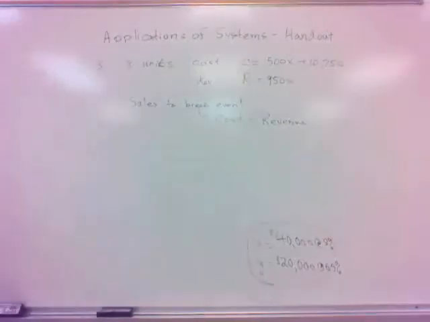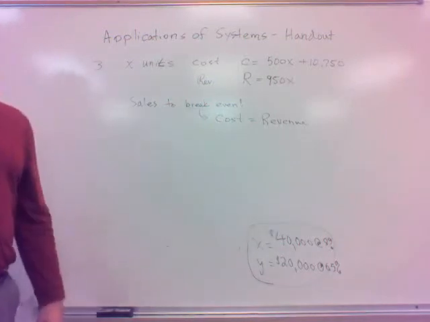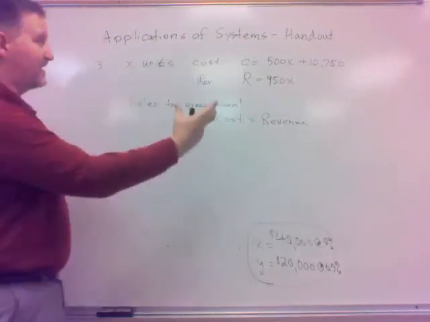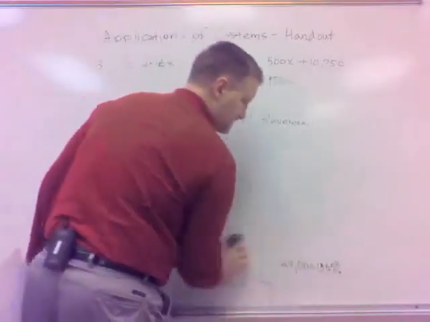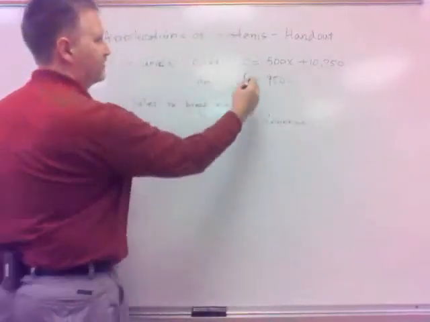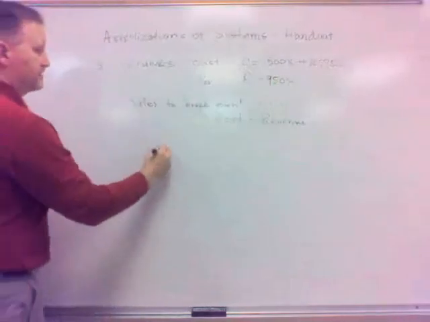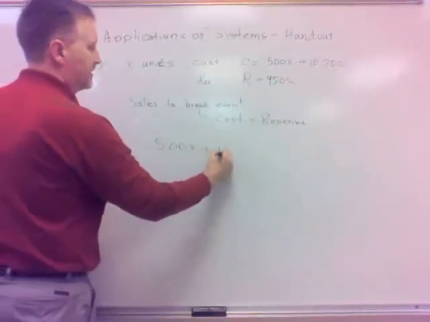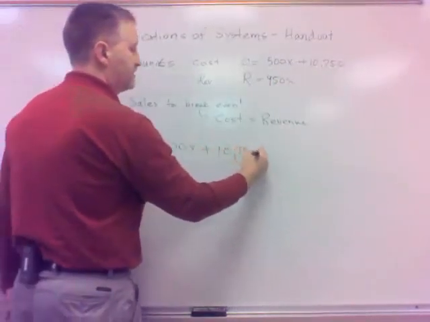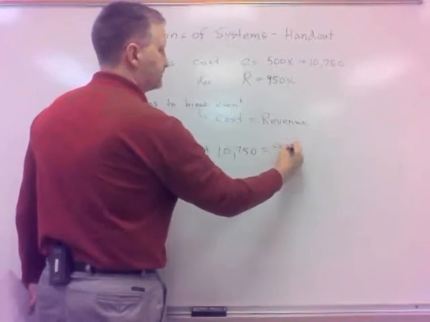And so we do have two equations there. So technically this is a system here. But what we're looking for at break even is where the cost equals the revenue. And so that pretty much sums up this problem, doesn't it? Because what I want to do is set the cost equal to my revenue. So you just set 500x plus 10,750 equals 950x.